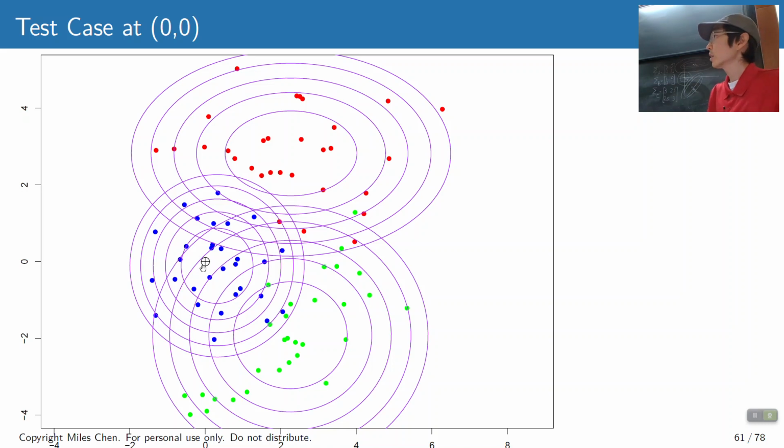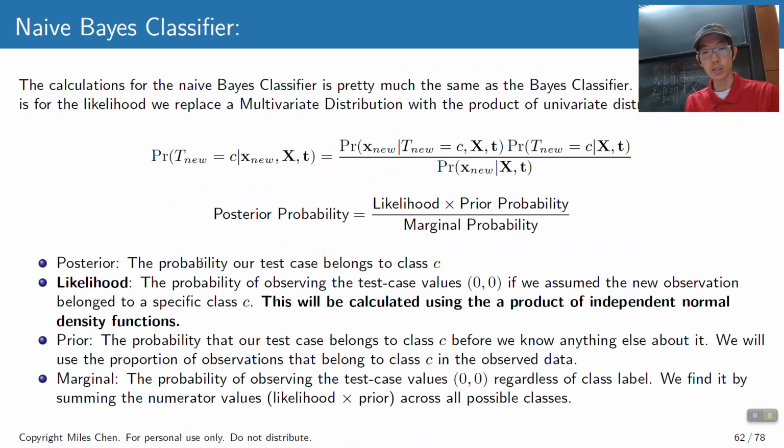Okay, so let's try this out. What is the probability that it belongs to class A or class B or class C if we have a test case at 0, 0? And what are our probabilities here? We do this the same way. What we want is the posterior probability that it belongs to a certain class.